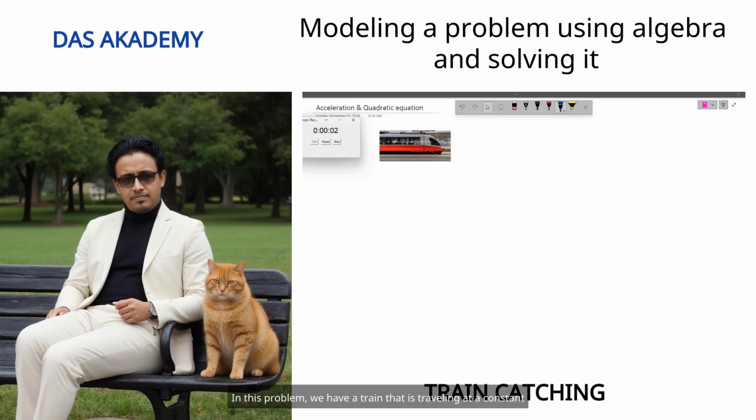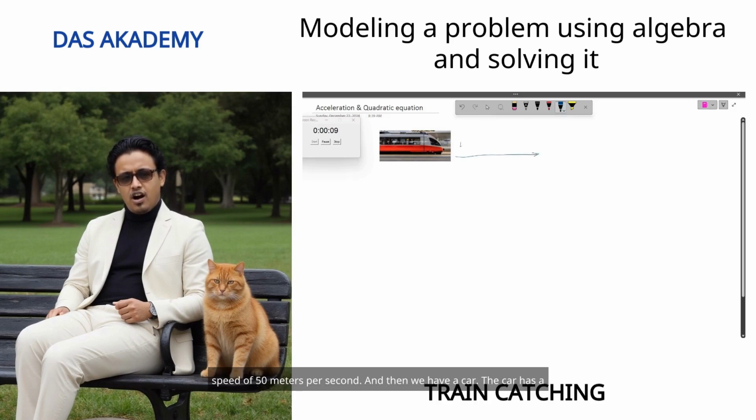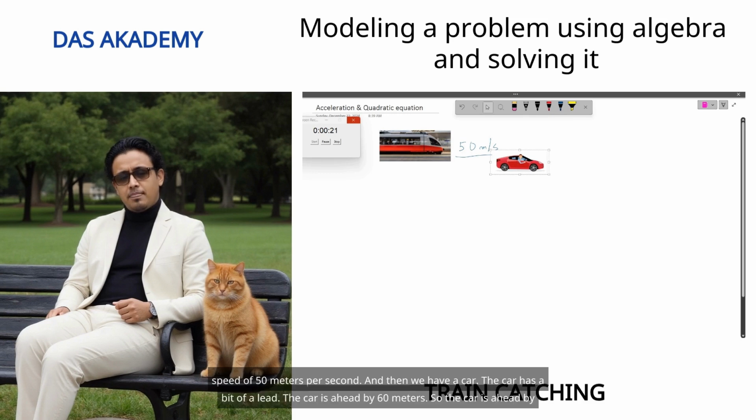In this problem, we have a train that is traveling at a constant speed of 50 meters per second. And then we have a car. The car has a bit of a lead.